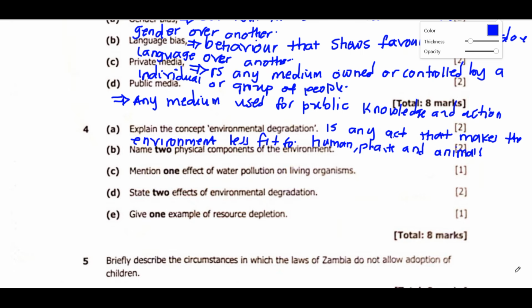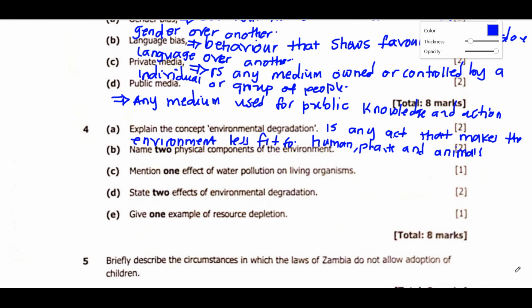So that is what degradation is. We are looking at the action in which the environment loses its original value in such a way that life becomes hard for living organisms.